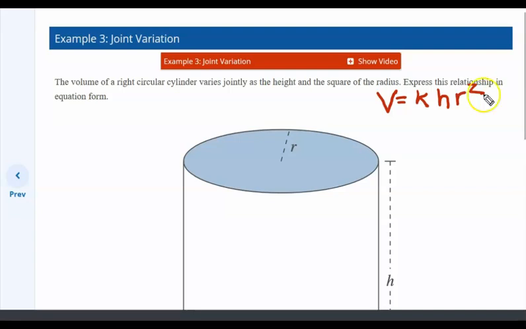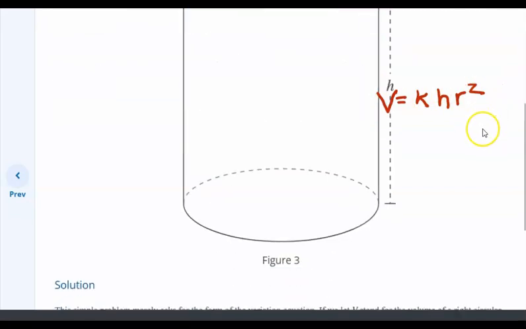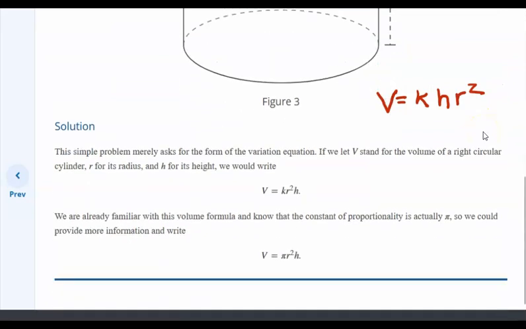Volume. We need our K, and keep in mind K is always in the numerator. The height and the square of the radius. All right, let's go down to see what they have. Now, they put the r squared after the k, but this is satisfactory.